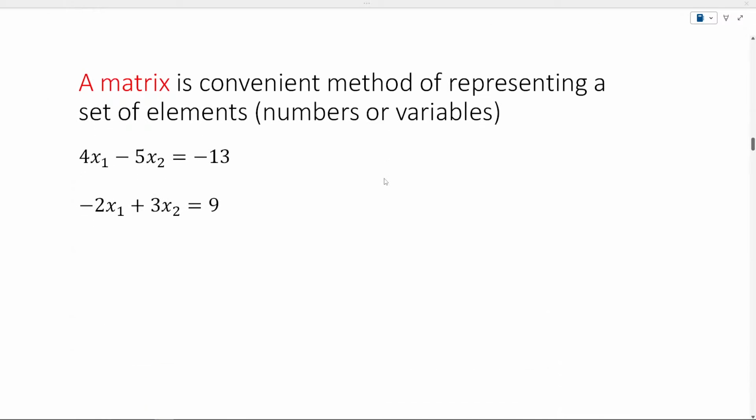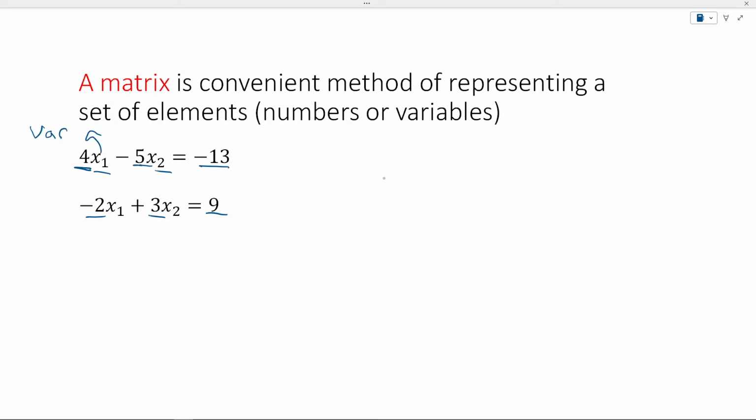So here, this is a matrix. What is a matrix? A matrix is a convenient method for representing a set of elements. A set of elements could be numbers. Here, these are your system parameters, and this here is your system output, for example, and these are your system variables. You have two variables here, x1 and x2.